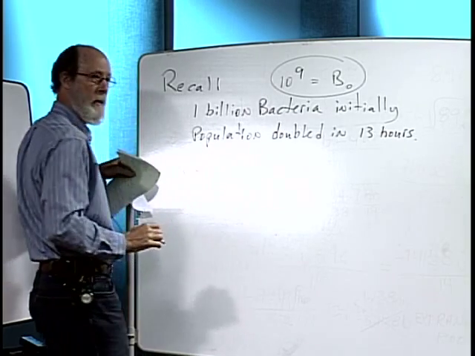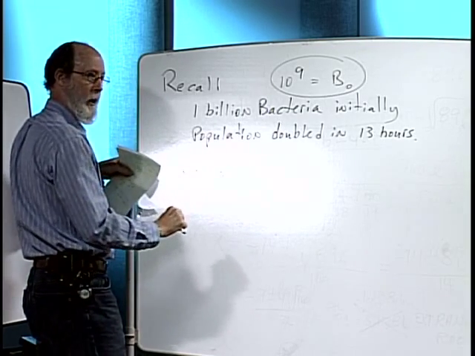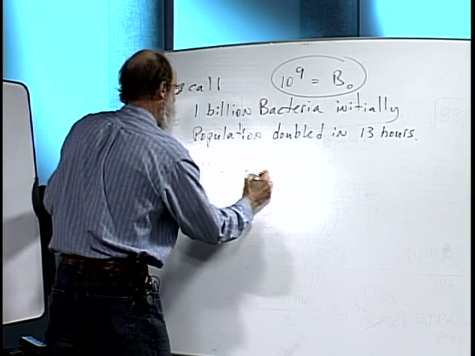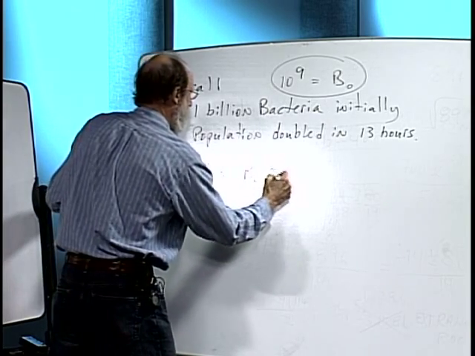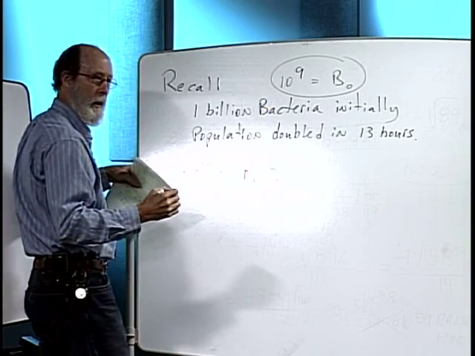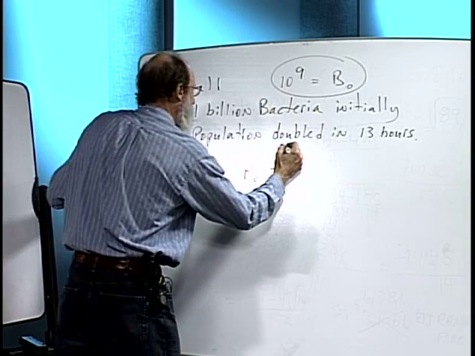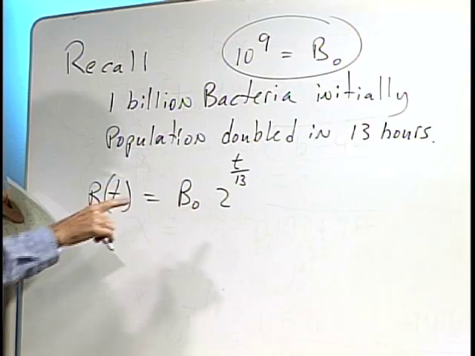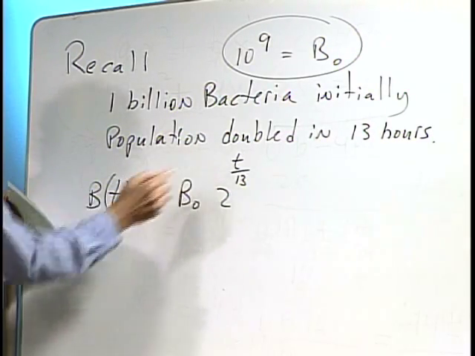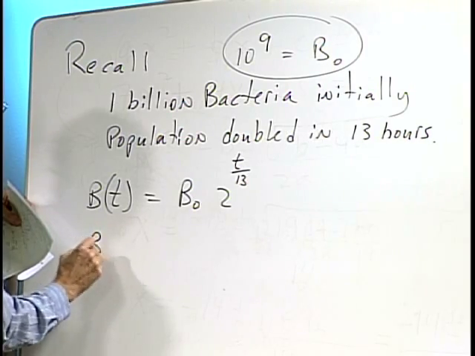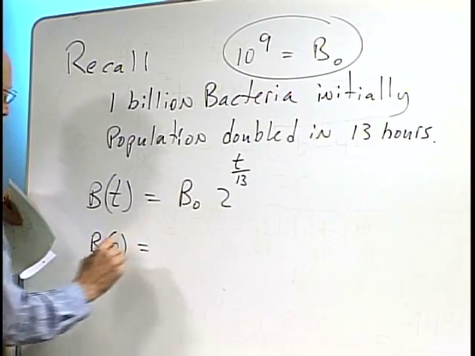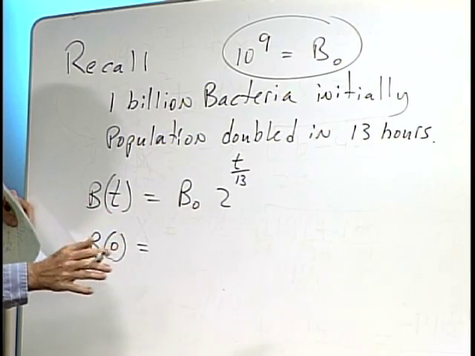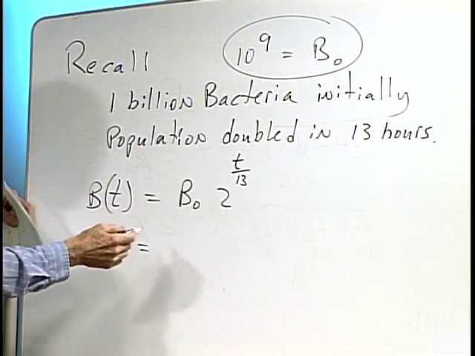So what we did in last session is we built a model as a function of time. Bacteria as a function of time was equal to the initial population, B naught, and then we used a base of 2, and we raised that to the time divided by 13. And the reason we did that is because when we put in 0 for time, that means that'd be the start of our experiment.